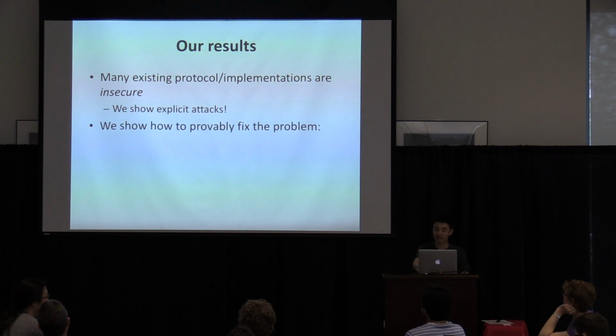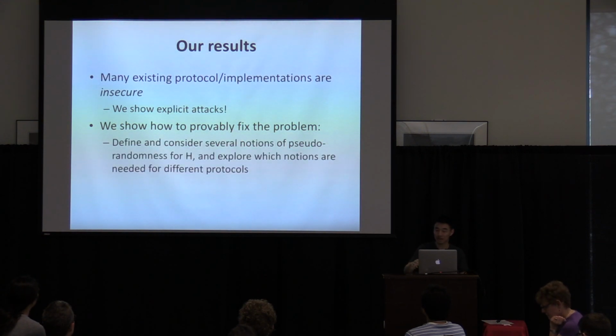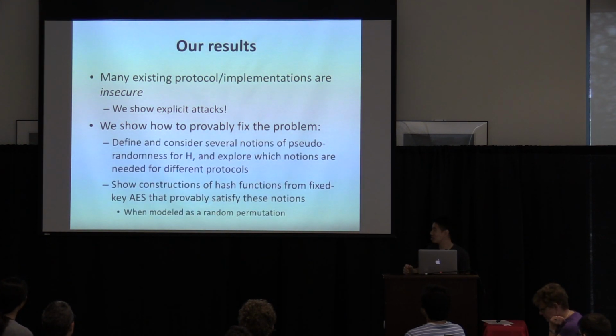We also find good abstractions of hash functions that can make everything secure, and show constructions based on fixed key AES modeled as a random permutation, and how to construct efficient constructions. Our goal is security.